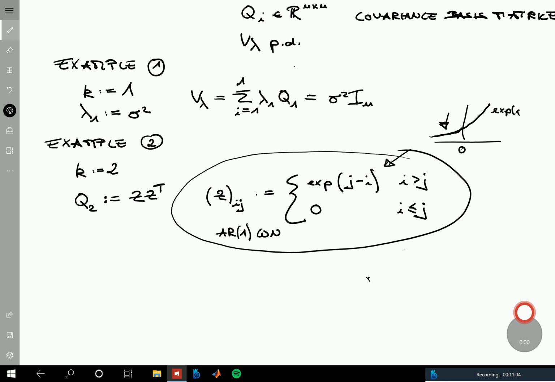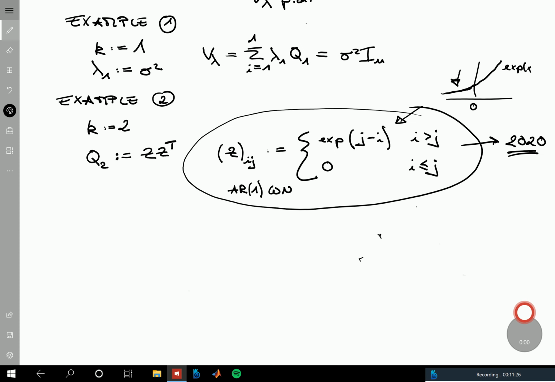It's not trivial at all what this matrix has to do with the autoregressive process. So we will take our time to discuss this after Christmas. So where this matrix is coming from is something for 2020, not right now.